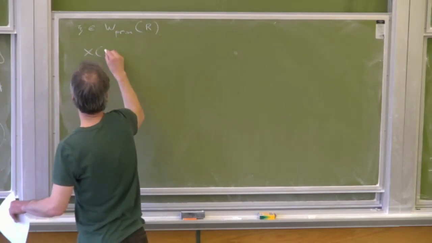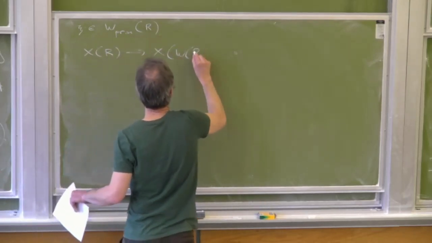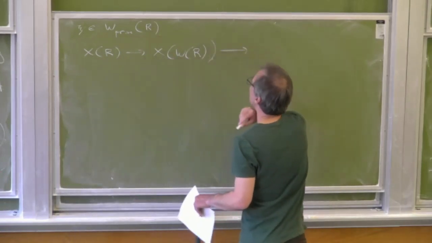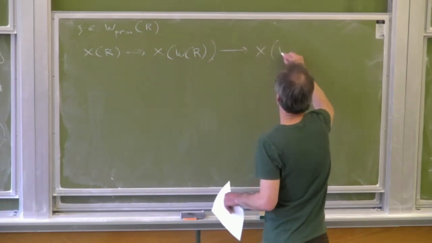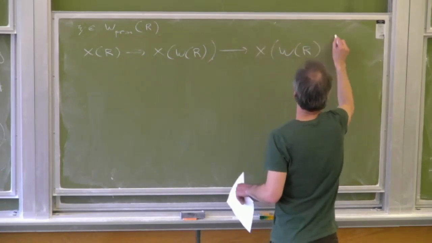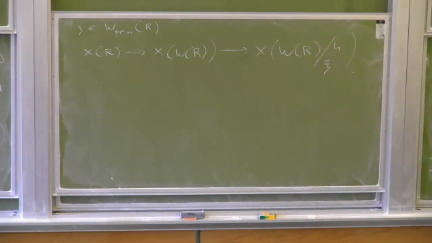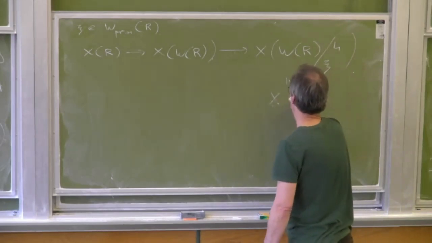I have a map from X to X_W, and then I can take the quotient by C. And I recall that this is prismatization.